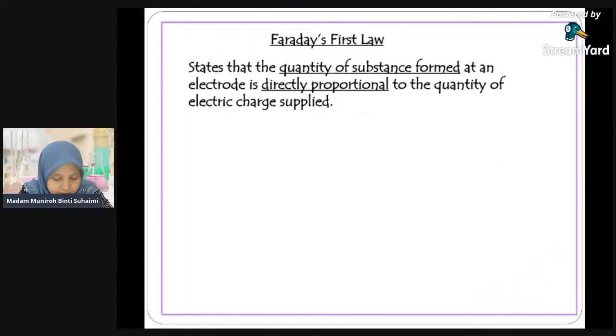Faraday first law. Faraday first law states that the quantity of substance formed at an electrode is directly proportional to the quantity of electric charge supplied.